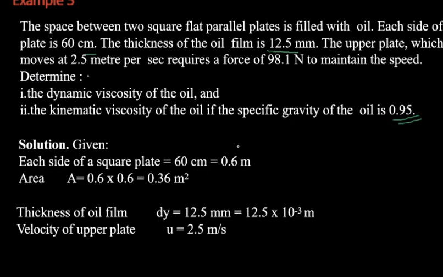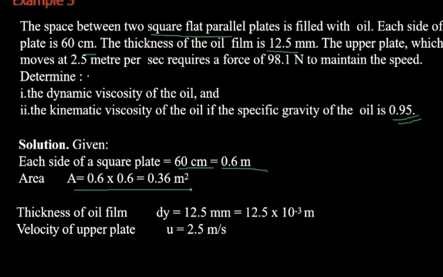It will be easy, but it is lengthier, that's it. They have given square flat parallel plates. Each side of the square plate is 60 centimeter, that is 0.6 meter. What will be the area?